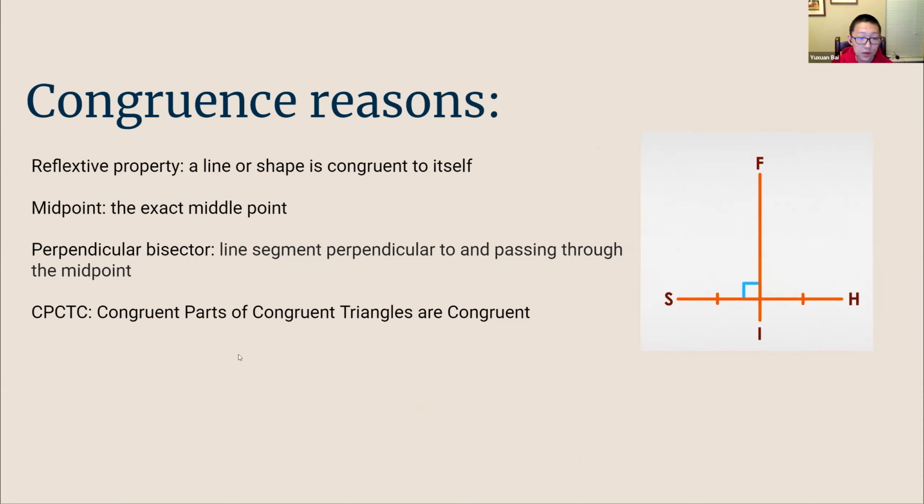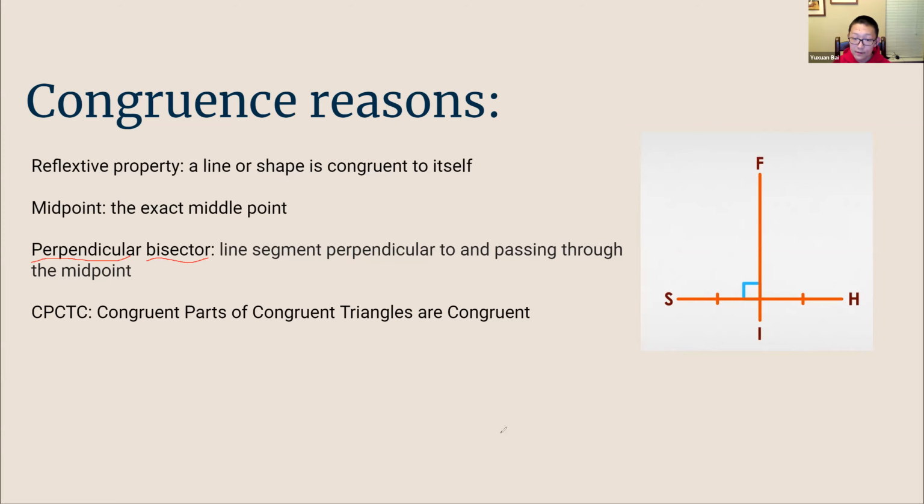Next is what you call perpendicular bisector. I think it'd be better to split this into two parts. The first part is perpendicular and the second part being bisector. When two lines are perpendicular, they intersect to form a right angle or a 90-degree angle. Those are the same things, right?